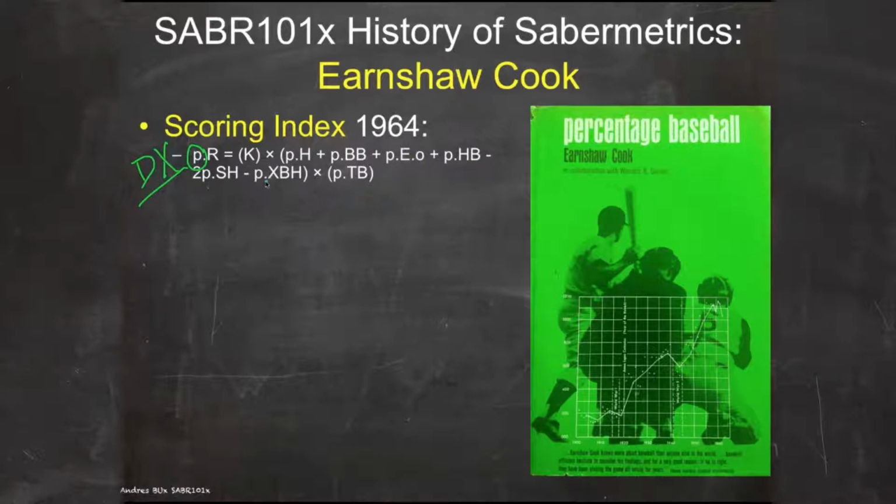You subtract out extra base hits and sacrifice hits, and then you multiply the whole thing by the probability of the total bases. So this is his first formula, and we can reconfigure the formula to look like this and convert it to something that looks a little bit more like runs rather than the strange probability equation above.